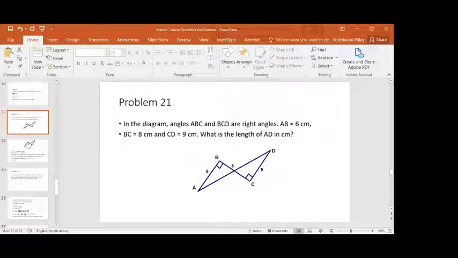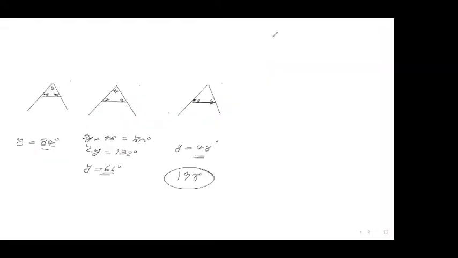Right, I think many people struggle with this one from what I saw in the chat column in the beginning. So let's go back to my whiteboard. Right, and so I'm going to redraw this diagram on my whiteboard.